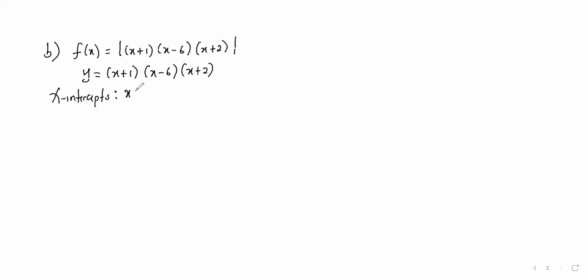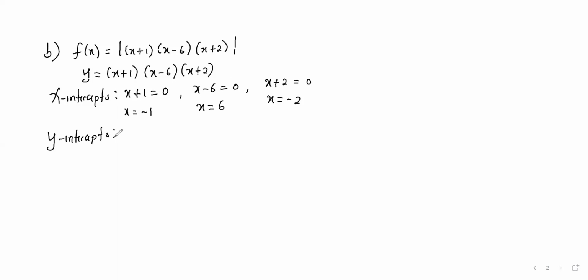Meaning, x plus 1 equal to 0, x minus 6 equal to 0, x plus 2 equal to 0. So we have x is minus 1, x is 6, x is minus 2. The y-intercept: remember, when x is 0, we have 1 times negative 6 times 2, which is negative 12.